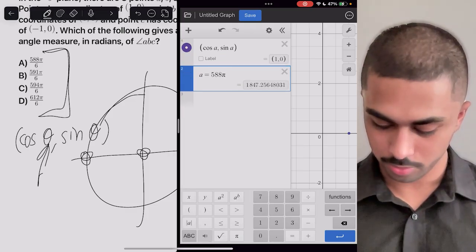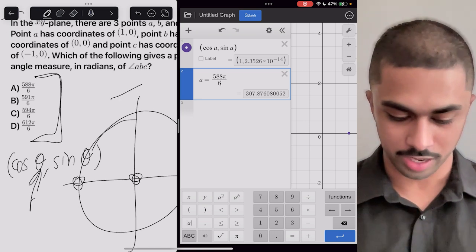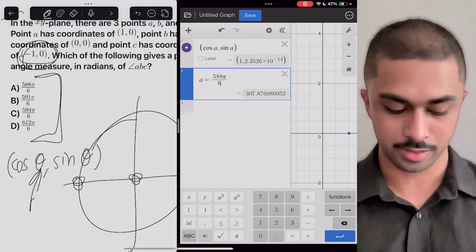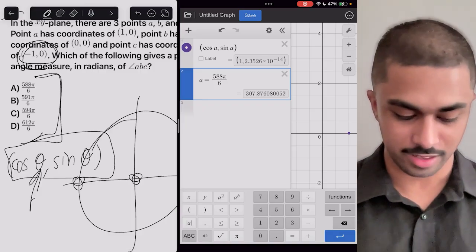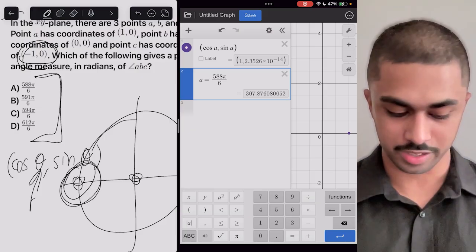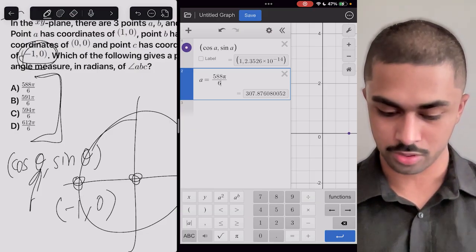What we're basically doing right now is we want to make cosine A, sine A equal to C. That's it. Cosine theta, sine theta, which is cosine A, sine A, has to equal this C point at -1, 0. That's all we're looking for.